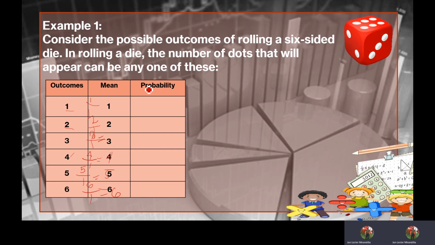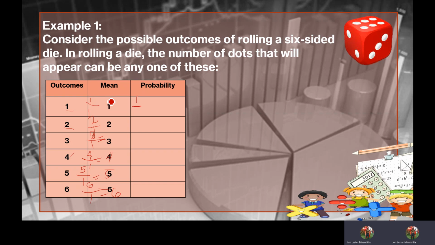Kukunin naman natin ngayon yung probabilities. Probability of each outcome. Okay. Based dito sa ating mga nakuhang means, ilang beses daw lumabas or nag-occur yung mean of 1. Di ba isa lang?